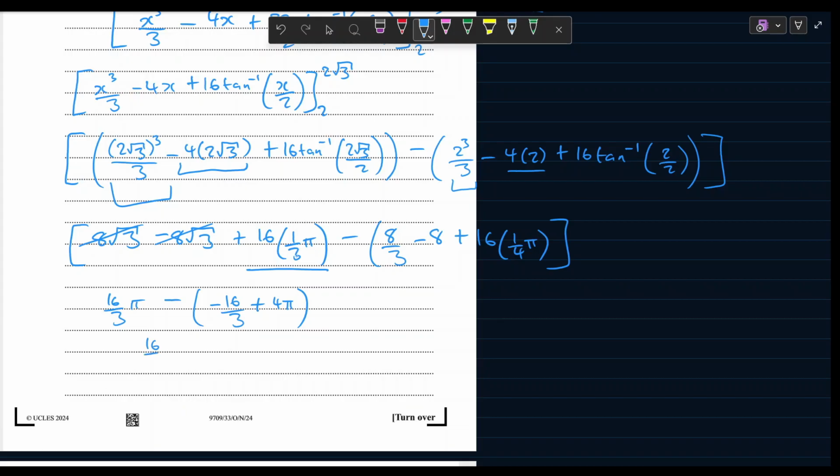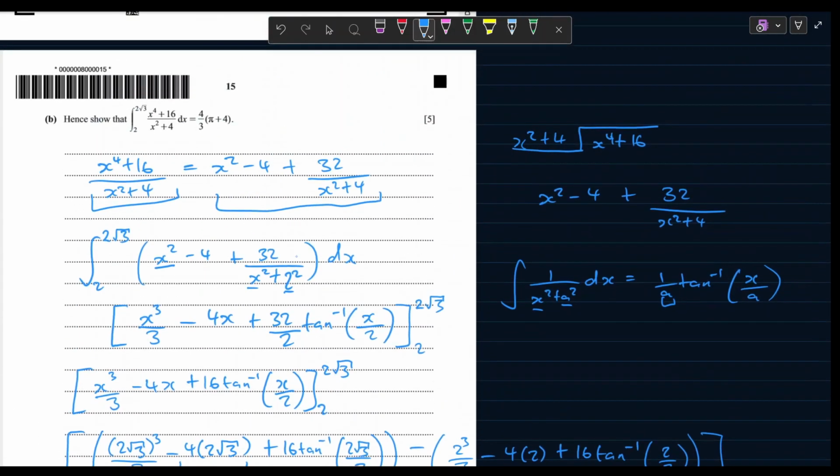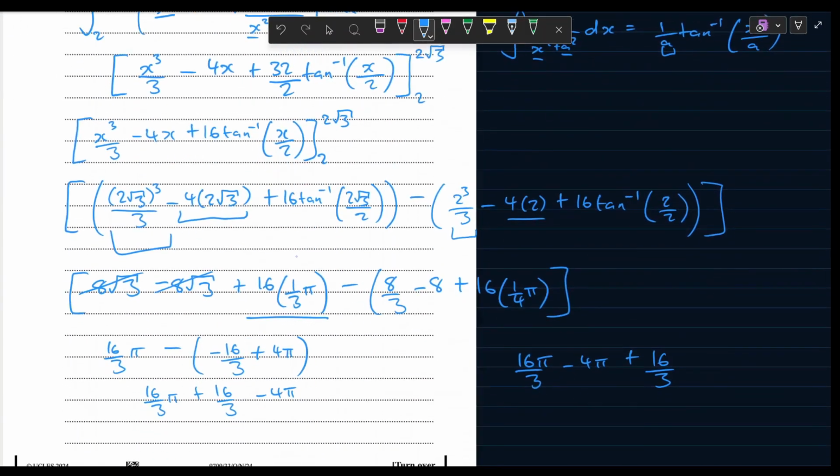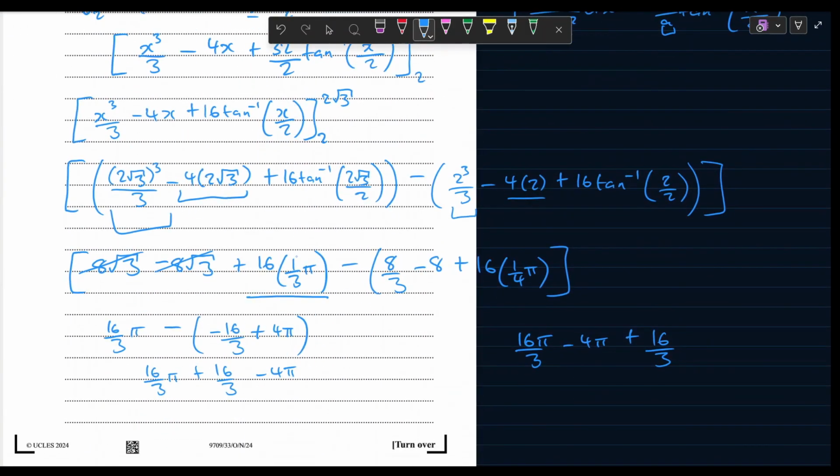So that's 16 over 3 pi plus 16 over 3 minus 4 pi. So what we have is 16 pi over 3 minus 4 pi plus 16 over 3. And what do they factor out? Do they factor out a 16? They factored out 4 thirds. Okay, first let's simplify our like terms here.